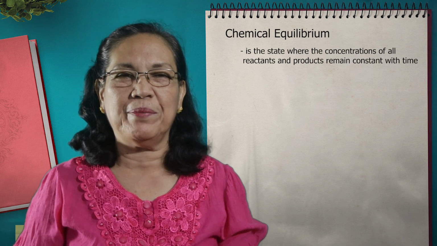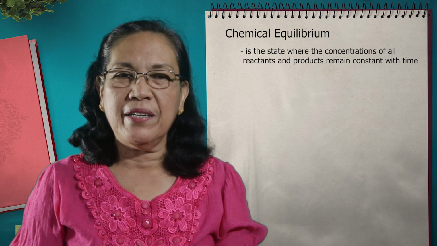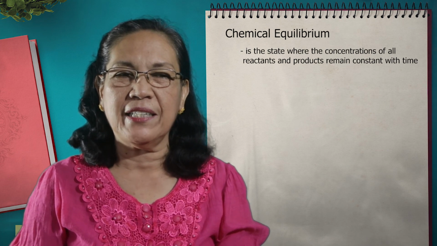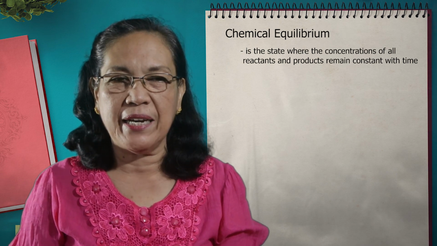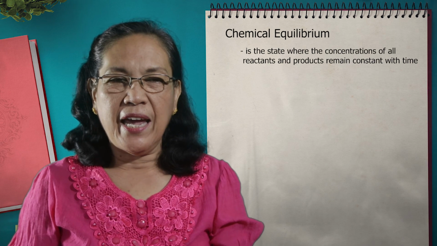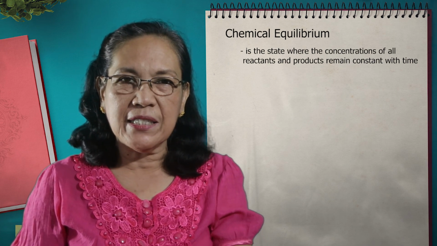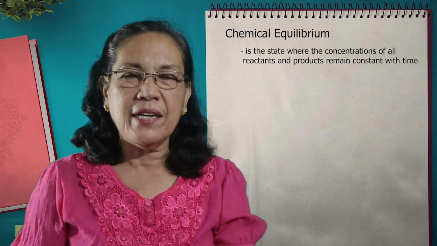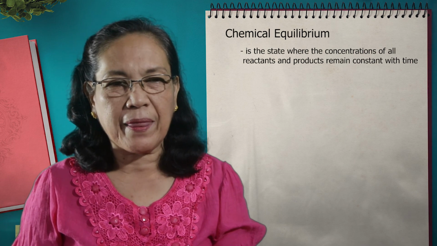Now let's go to the chemical equilibrium. A chemical equilibrium is a state where the concentration of all reactants and products remain constant with time.